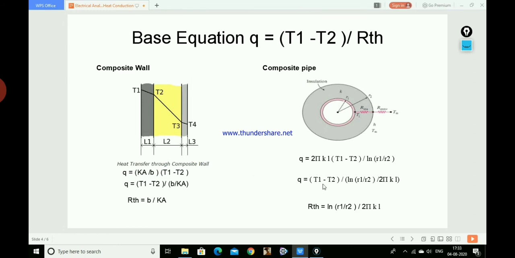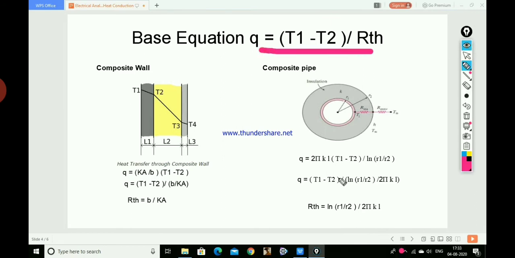So just take that 2 pi KL towards the denominator. Comparing with this equation, we get RTH equals ln of R1 by R2 divided by 2 pi KL.